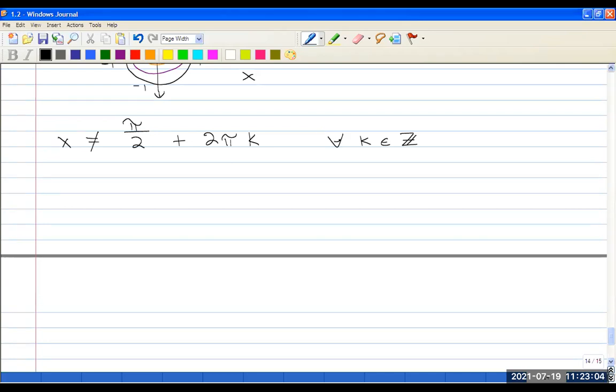And so my domain, and I'll use this coset notation, is the set of R without pi over 2 plus 2 pi Z.